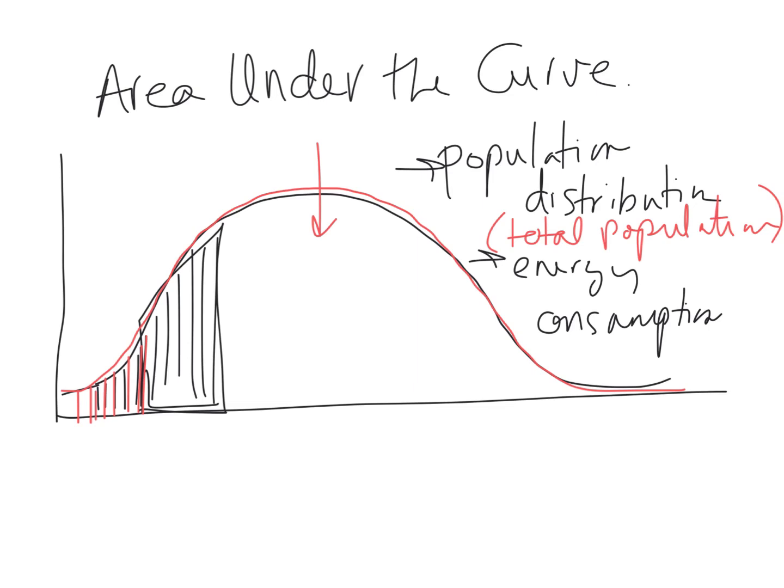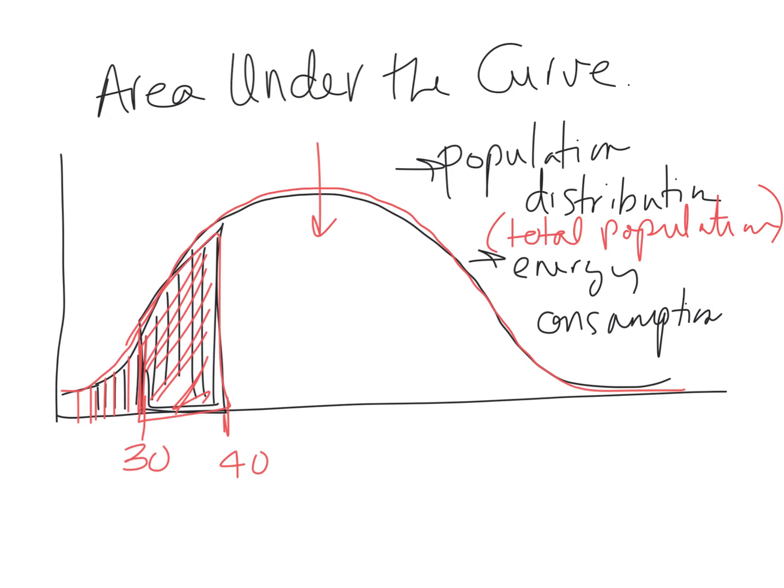If I looked at this graph again and wanted to know how many people are between 30 and 40, if this was a population distribution, I would take the points 30 and 40, substitute them into the original function, and subtract, or find the absolute value. It's an area, so it's a positive value. That would tell me how many people are between the ages of 30 and 40 in this population.